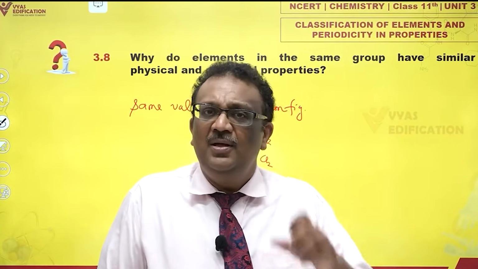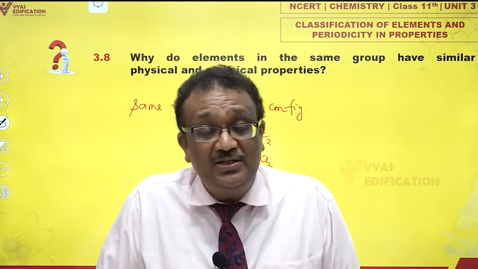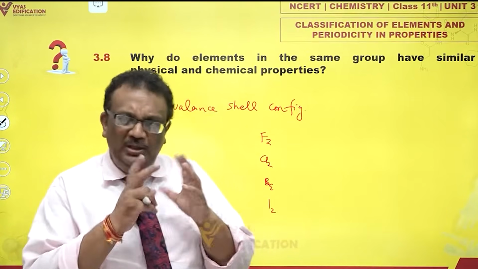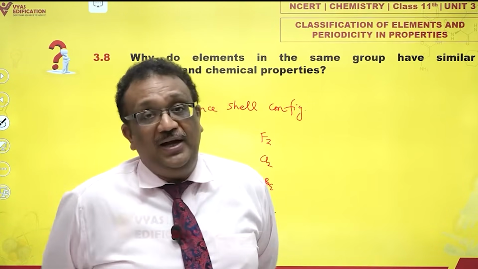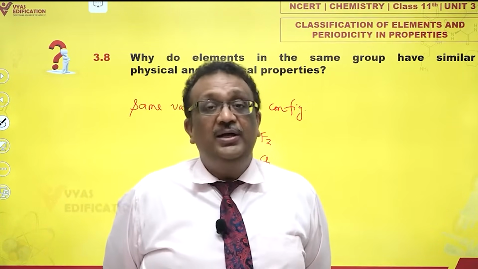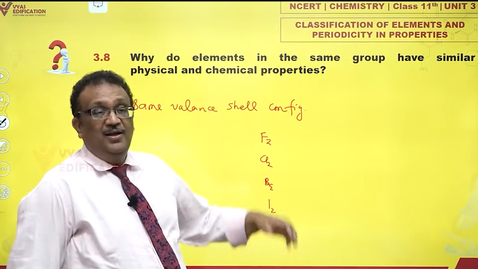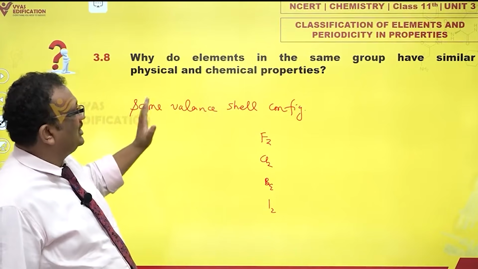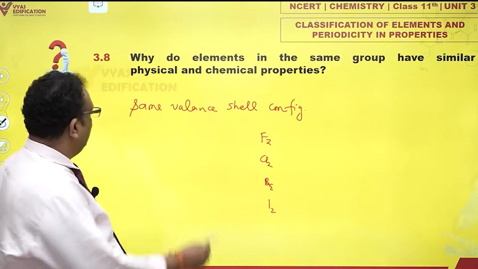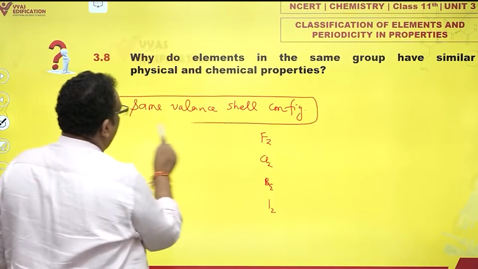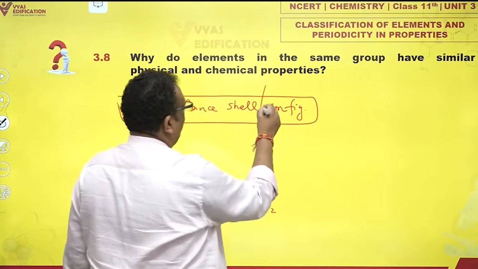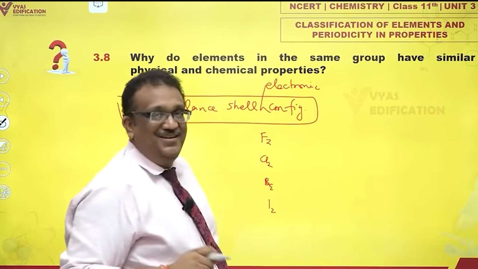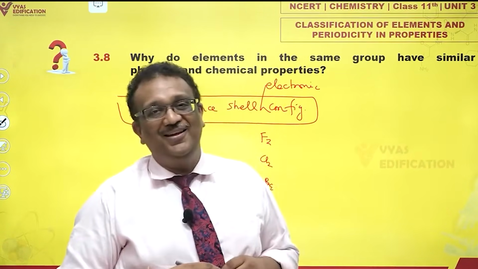Since the atomicity or structure of molecules is similar, physical properties also tend to be reasonably similar as we move down the group. So all the similarity in physical and chemical properties largely depends on the same valence shell electronic configuration, and this is the key to all similarity.